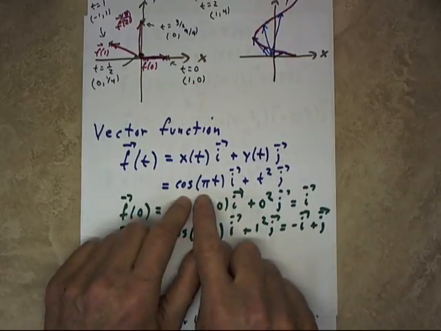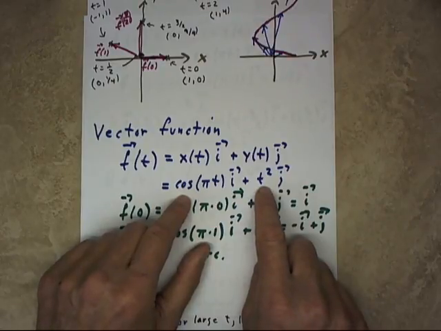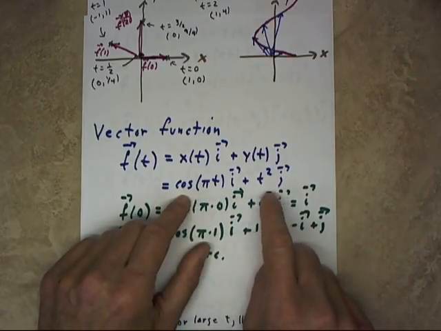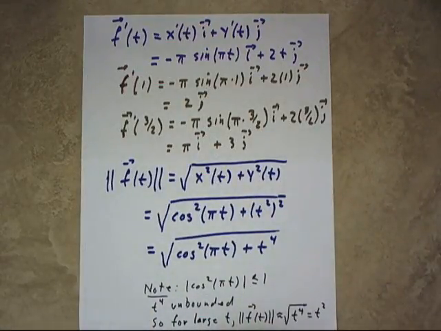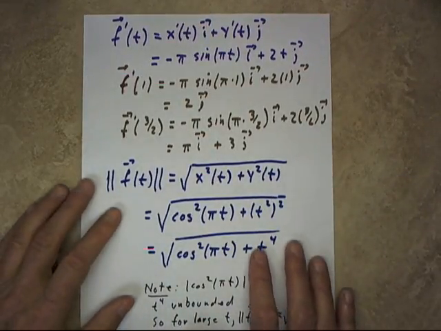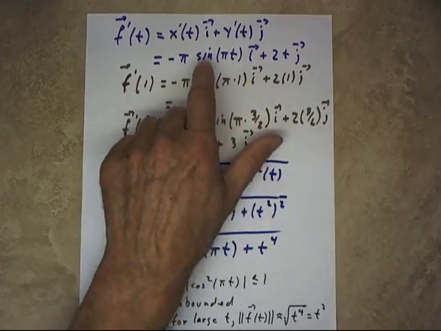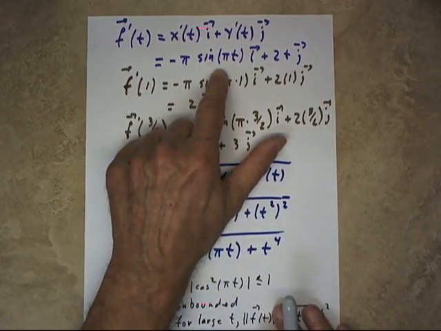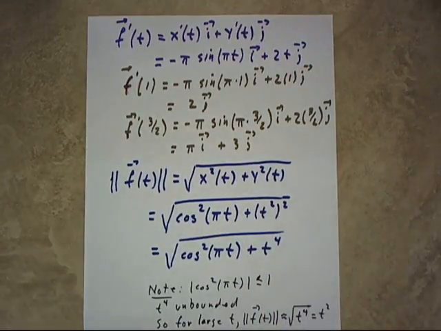So the only thing we have to differentiate is the cosine of pi t and t squared. We have the rules of differentiation, constant multiple, sum, and so forth. If we just use those rules, we find that the derivative of the cosine of pi t is negative pi sine of pi t. The derivative of t squared is 2t.